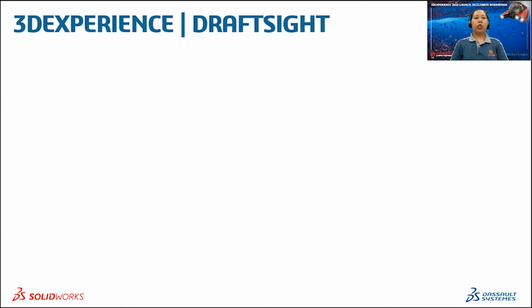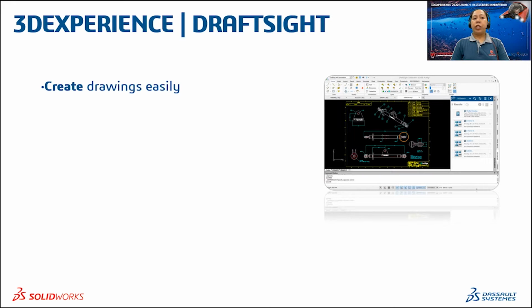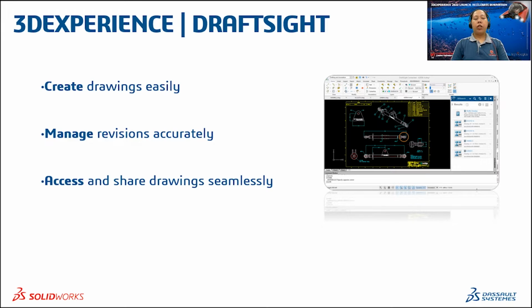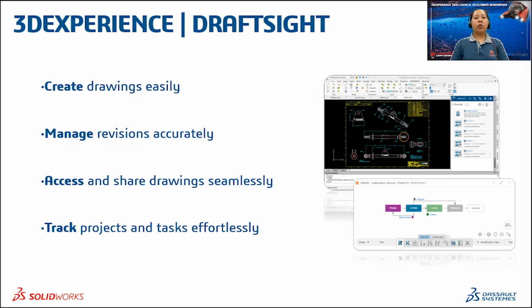So here I will introduce to you the DraftSight 3D experience DraftSight. So the 3D experience DraftSight, you can create drawings easily, you can manage revision accurately, you could access and share drawings seamlessly, and you could track the projects and tasks effortlessly.